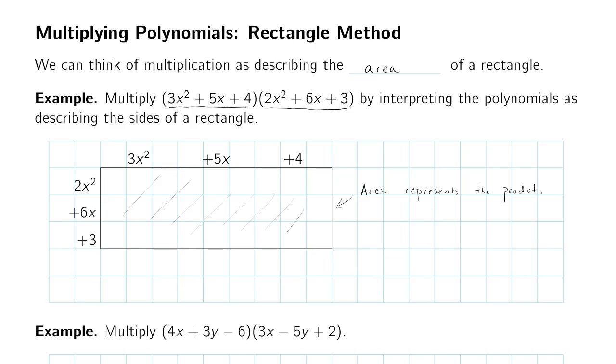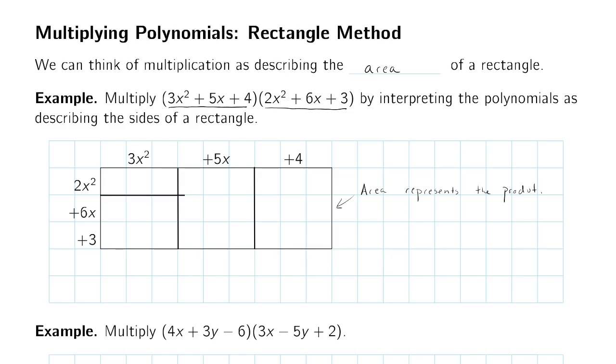Okay, but how does that help us? Well, I'm going to take this rectangle and cut it up into a bunch of little rectangles. I'm going to slice it like this so that I have a rectangle whose top has length 3x squared, one whose top has length 5x, and one whose top has length 4.